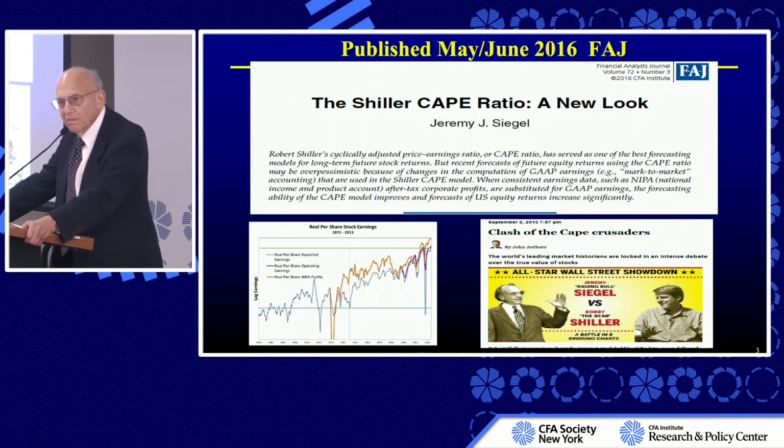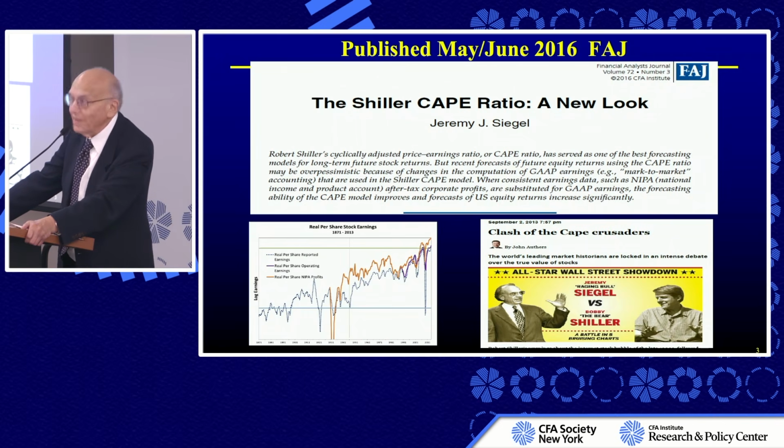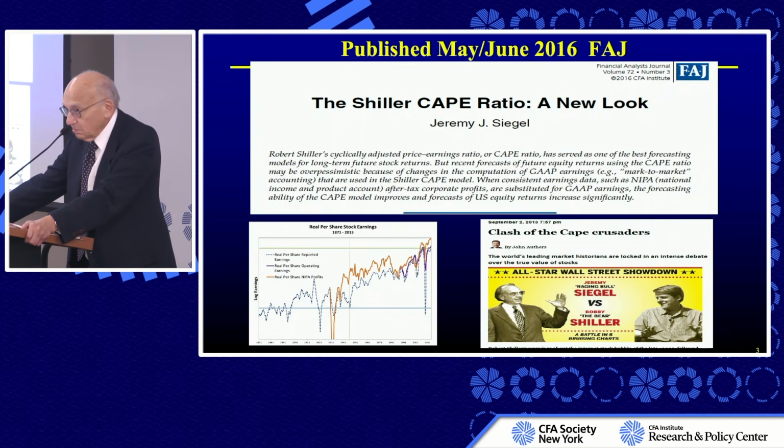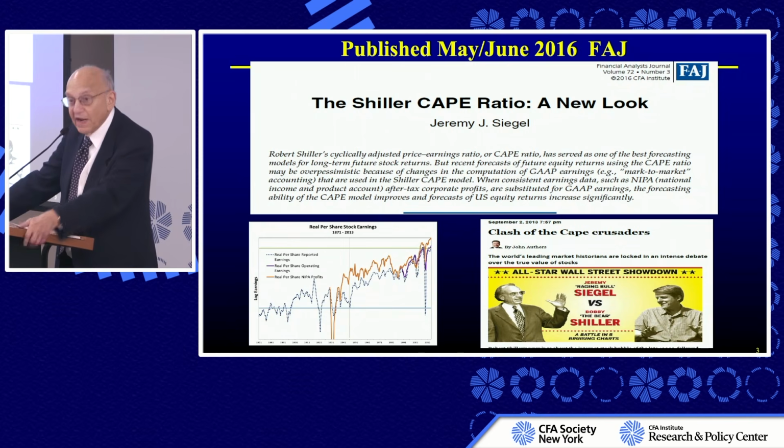First time. They said Professor Siegel thinks that reported earnings are not accurate. That was not what I said. I said they changed the series upon which Bob based his CAPE ratio, and that would cause big distortions. They totally missed the point. I actually wrote a letter to the editor, and they did print that letter.